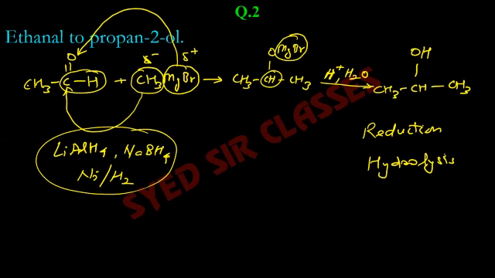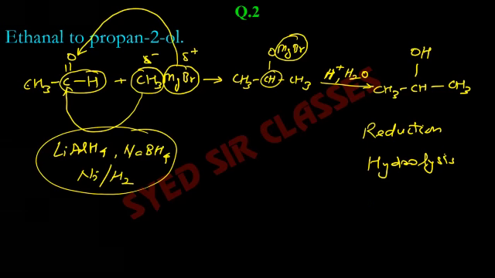Acidic hydrolysis, and most probably that will be when you get the adduct, the intermediate, after reacting with Grignard reagent. So these are two, and another one is when you use aqueous KOH.